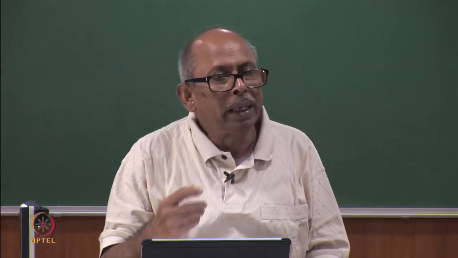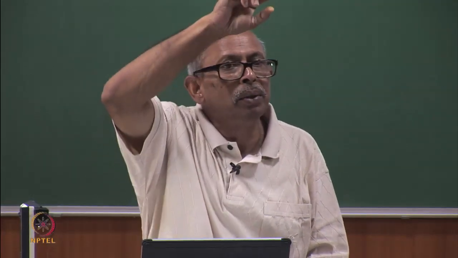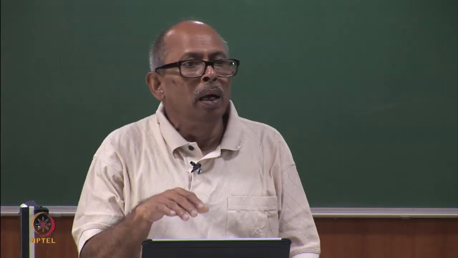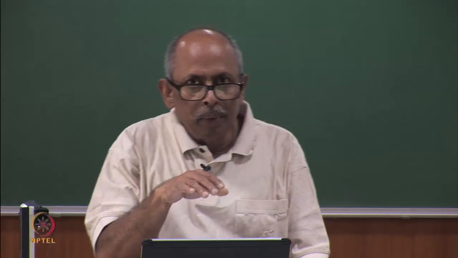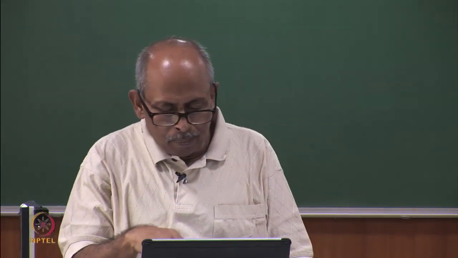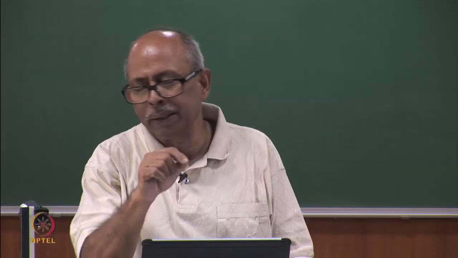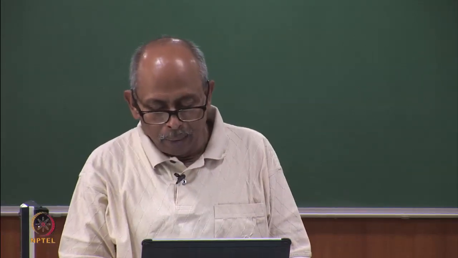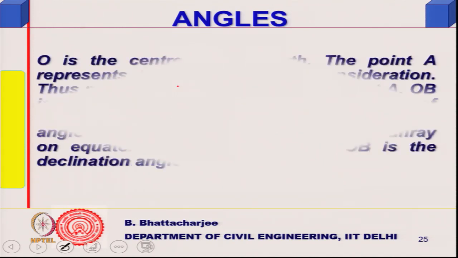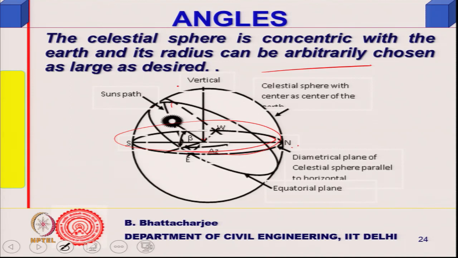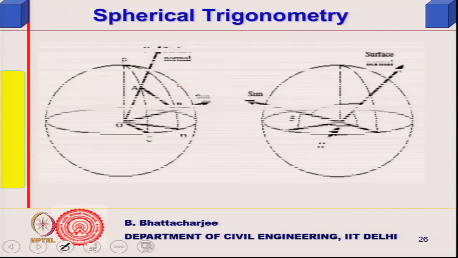So, I can locate the sun's position on the celestial sphere, and geographical directions also I can put in there. Let us see how it is. In this case, O is the center of the earth.